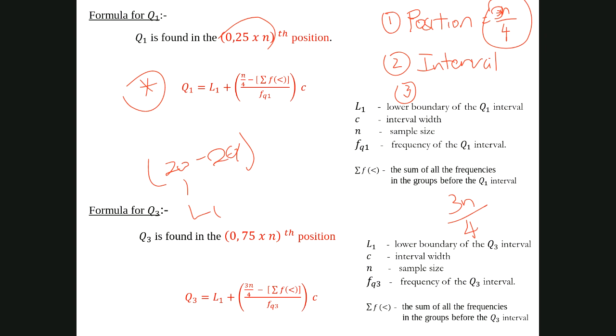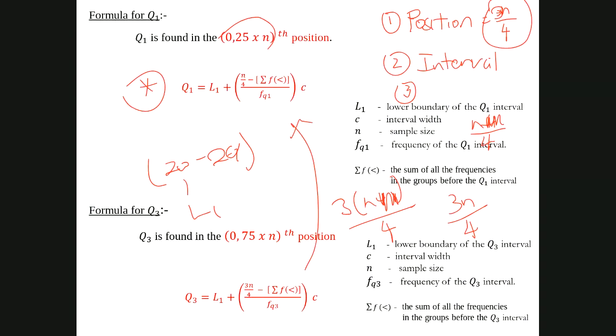Remember, with ungrouped data, when we were calculating the position, we said n plus 1 over 4, or 3n plus 1 over 4. Here we're ignoring the plus 1 portion, and then it's 3n over 4, your position, you'll find your interval that you're using, and then the formula, again, pretty much identical to the one at the top.